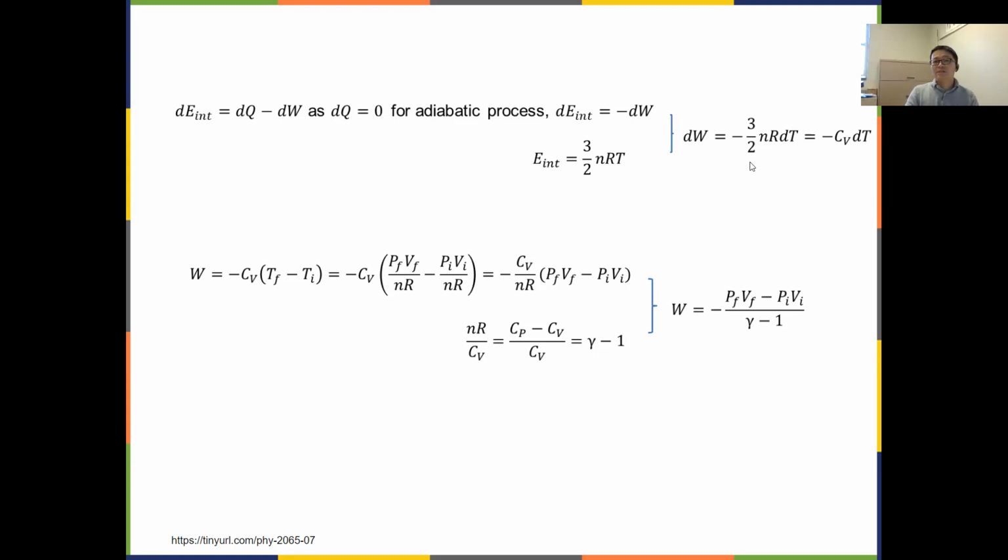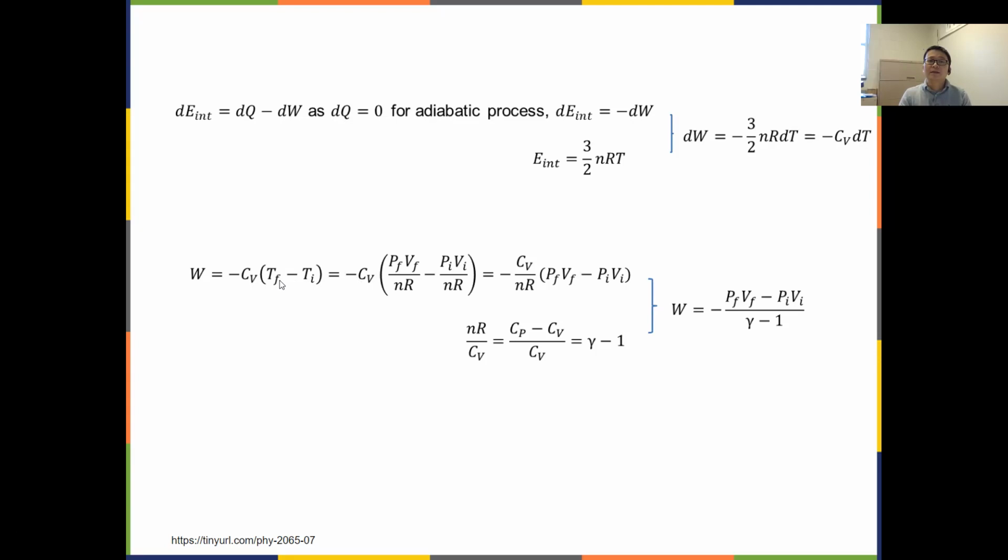So minus Cv dT. Then you can do an integration of dW to get W. If Cv is a constant, not a function of temperature, then integrating this side equals integrating the other side: minus Cv times (T final minus T initial). So that would be your W.